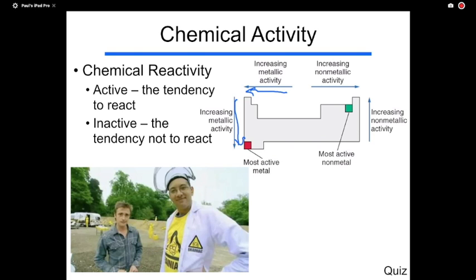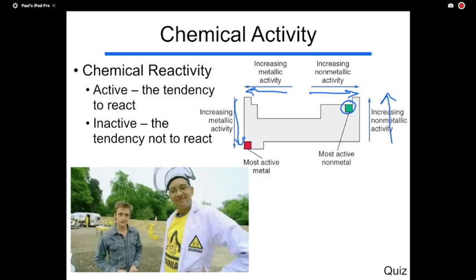Now, nonmetals are exact opposites, right? And so if metals get more reactive going down, nonmetals get more reactive going up and going in the opposite direction to fluorine as the most reactive nonmetal.